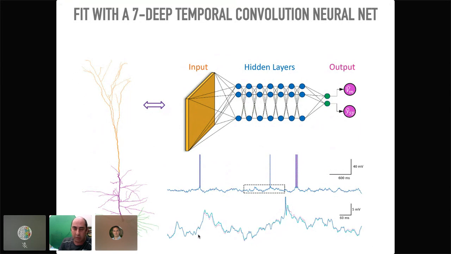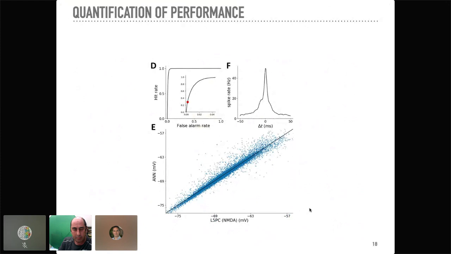Okay, we set some criteria. I'm not going to go into the details, but you see that the network, in magenta, can predict almost perfectly the subthreshold membrane potential of the neuron, and also when it spikes. So this is a very good fit, and we were happy about that.